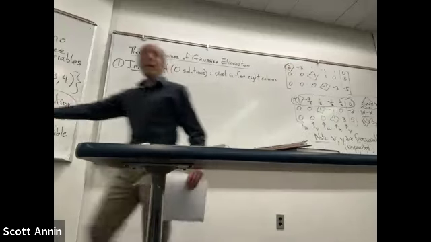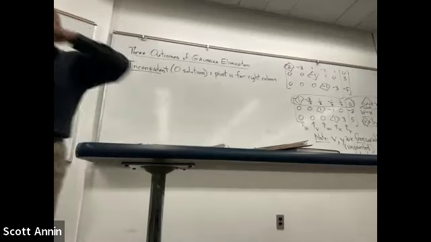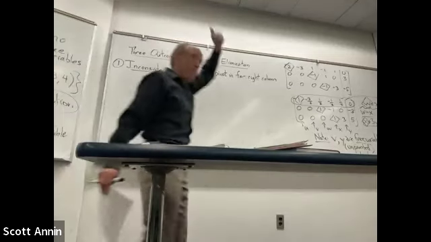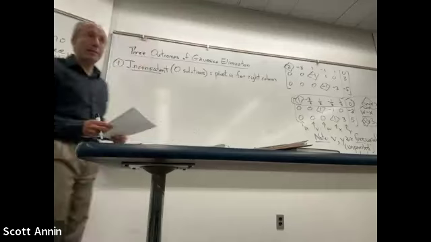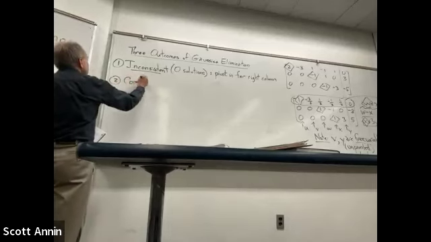So that's what happened right here in this last example that we just did. If you do your EROs and a pivot is over in that right side of the bar, that's an inconsistent system, no solution.